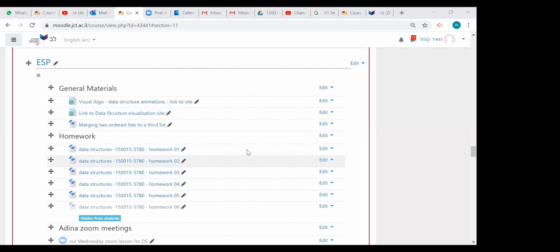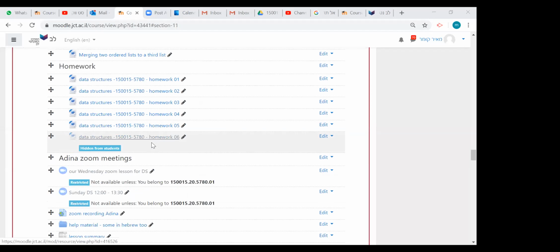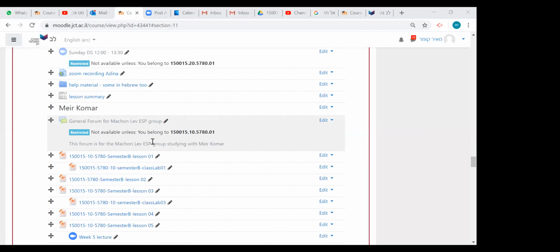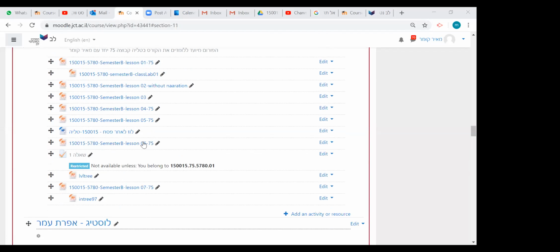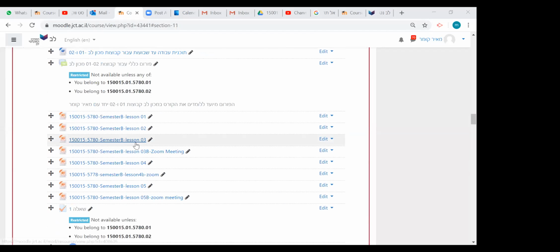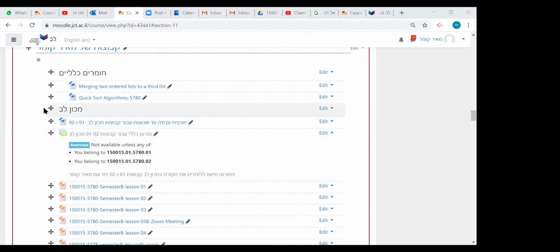Okay. So now I went to the Moodle site. So here you have the link to that site I talked about. Here you have that merging two ordered lists to a third list, which is also very, very nice. That's just a merge. Now, if I go down to our area, oops, I didn't put it yet. I put it in the Hebrew speakers, but I didn't put it there.